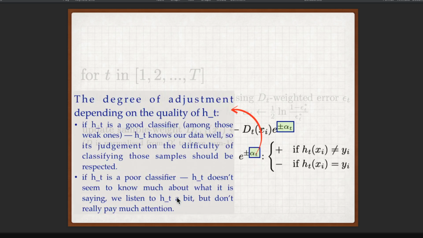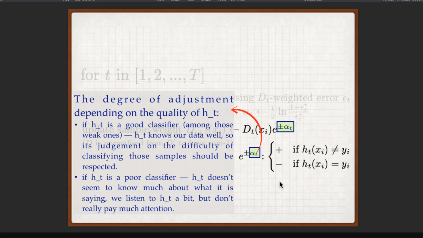And this reweighting is modulated, adjusted by the amount of the predictor's weight. Because if you have a very accurate predictor, we would say that if a good predictor cannot predict some sample, that means this sample is really challenging. We need to adjust its weight by a large amount.